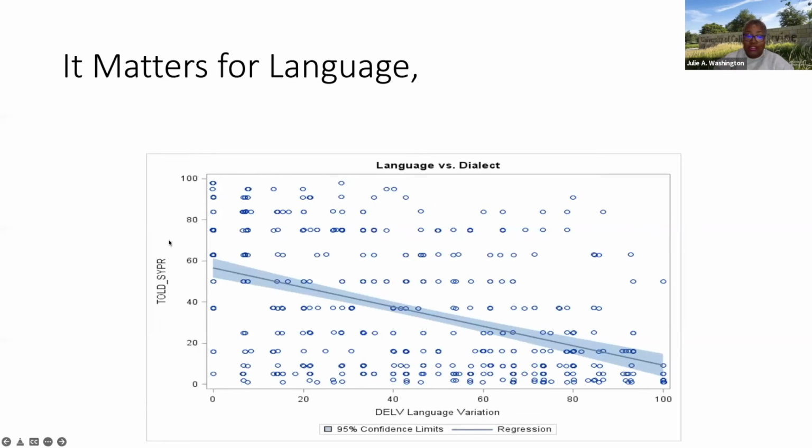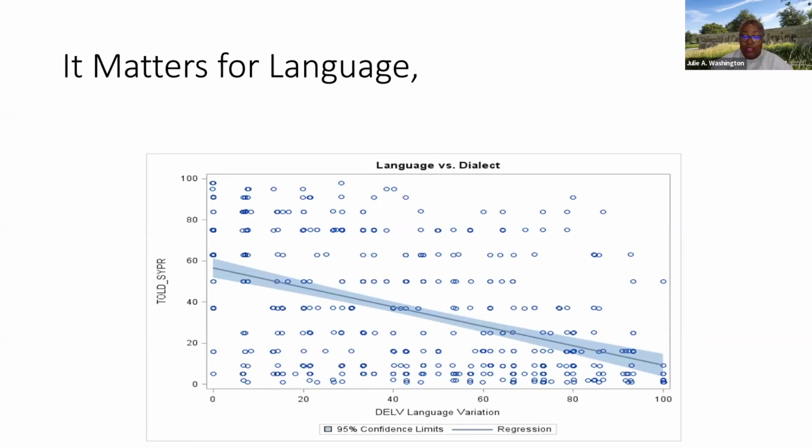So this is the syntactic processing subtest of the Test of Language Development. So this is sentence comprehension. And if you look at the horizontal axis, it's the DELV language variation. That's the Diagnostic Evaluation of Language Variation. It's a standardized test focused on kids who speak dialect. And one of the things that you can do with the DELV is quantify density.